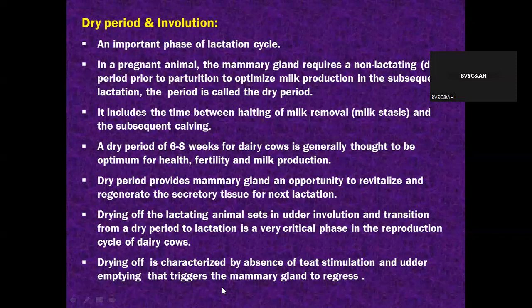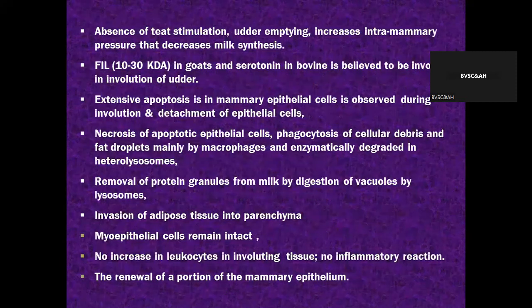Then if you are milking, say 10 liters, for a few days make it only 8. Try to keep some milk in the udder itself, then the next 6, and then slowly, gradually, till you make the animal dry off, so that it doesn't produce more milk, or you are not milking the animal.